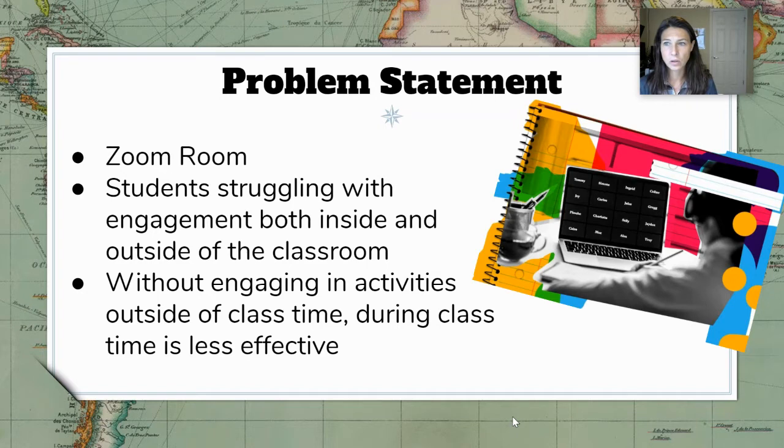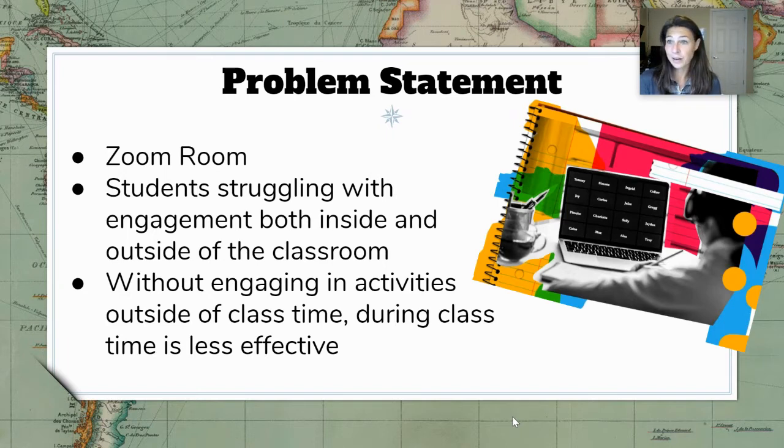Particularly when it comes to the class that I chose to focus my research on, not engaging in activities outside of class means that during class is less effective. And what I realized through this process is that I really relied on non-verbal cues to identify student engagement and motivation and learning in my class, things like facial expressions and body language and peering over students' shoulders to eyeball what it is that they were doing, and getting students motivated by physical location in the room where I move my body in order to control or manage behavior in my class.